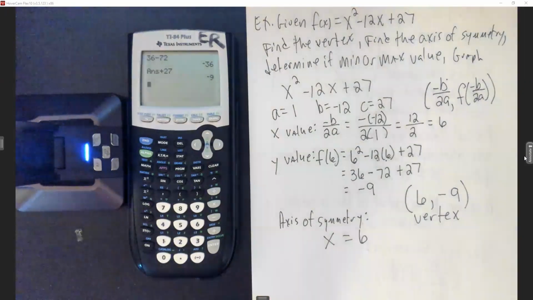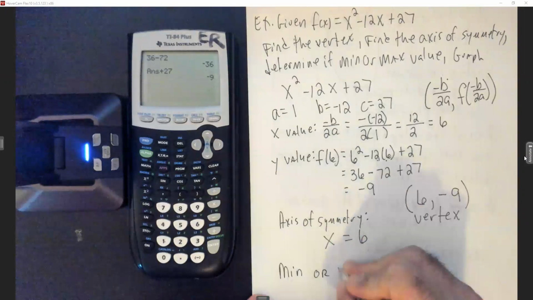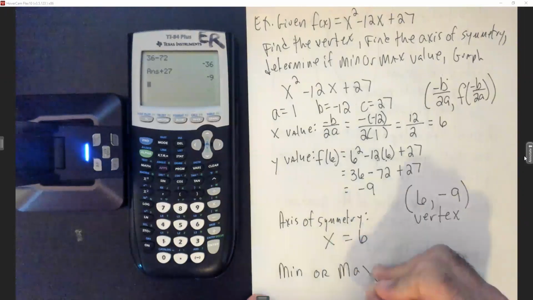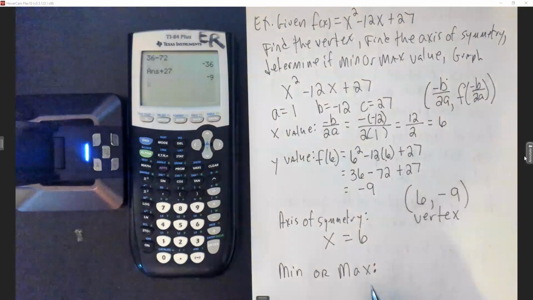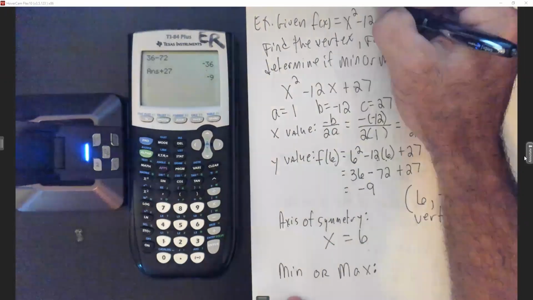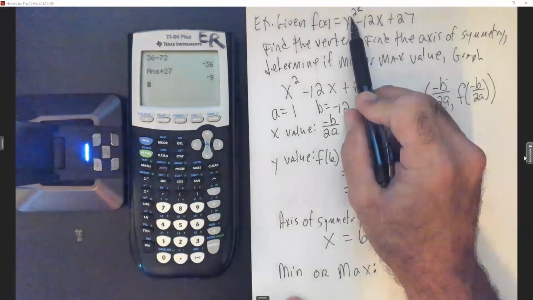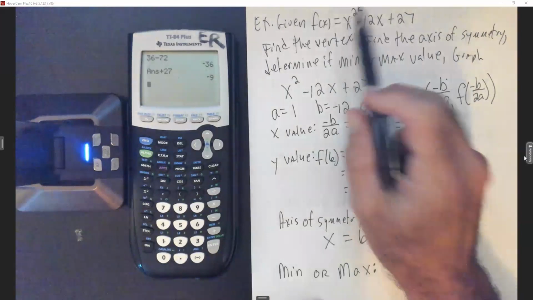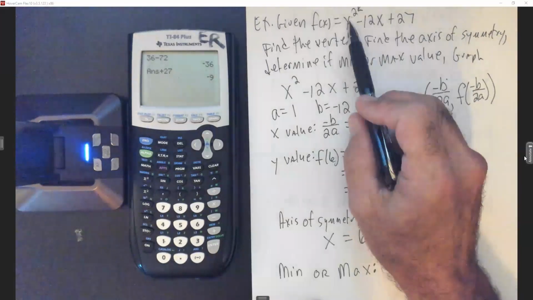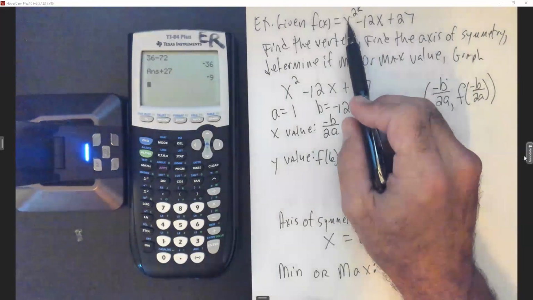So now we got to figure out, do we have a minimum or a maximum? And to tell that, I look at the very first term on here, the x squared term. If the x squared term is positive, you got a minimum. If the x squared term is negative, you got a maximum.